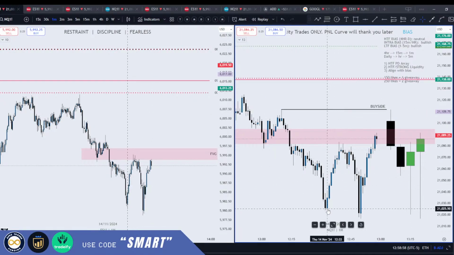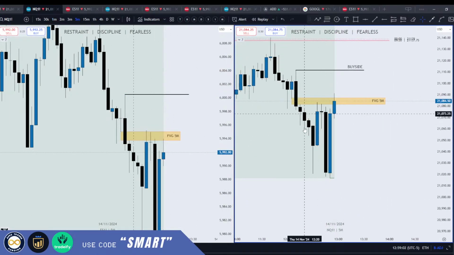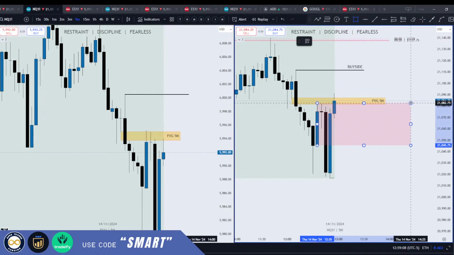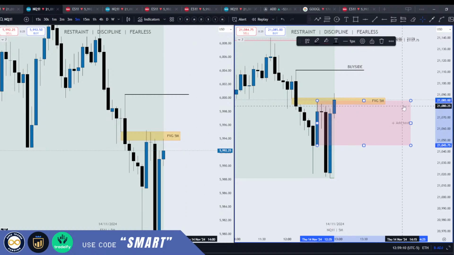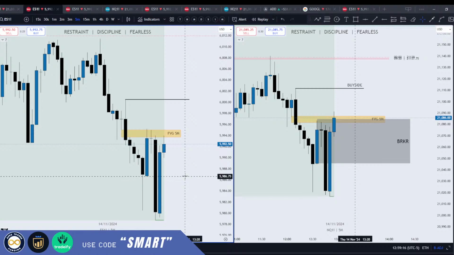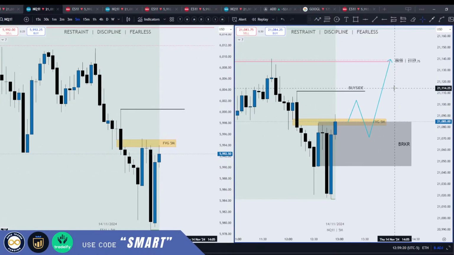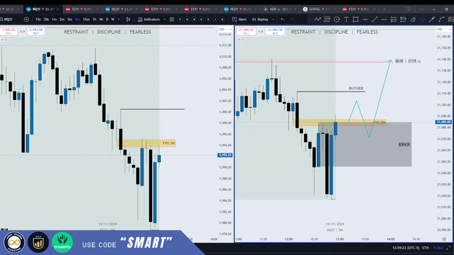This could be seen as a breaker. It might be better on the 5, to be honest. So we have a low here, we have a high, we have a lower low, and then we got a strong displacement closing above this. This would be a breaker for me. So yeah, we get this breaker, we'll look for this long here. So it'll look something like this. I think we'll push for the highs too.